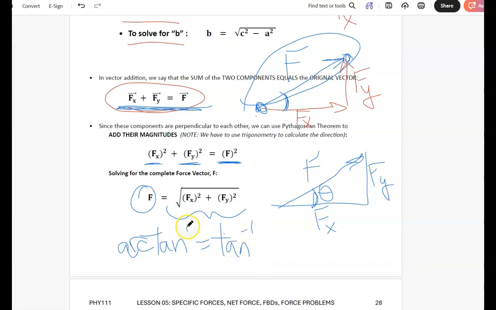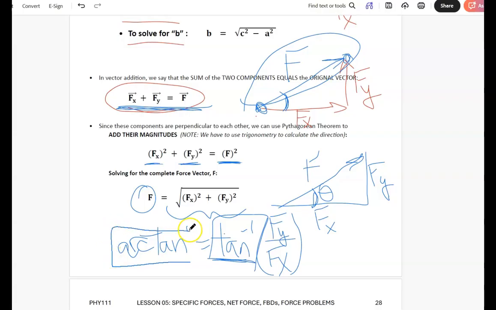And you would take it of a ratio, and the ratio is the ratio of the vertical over the horizontal forces. Once you take that ratio, you use your calculator. It's going to be labeled either tangent to the -1 or arctangent. They mean the same. They mean the inverse tangent function, and that will give you that angle for solving it. But again, this is way beyond the scope of this course.